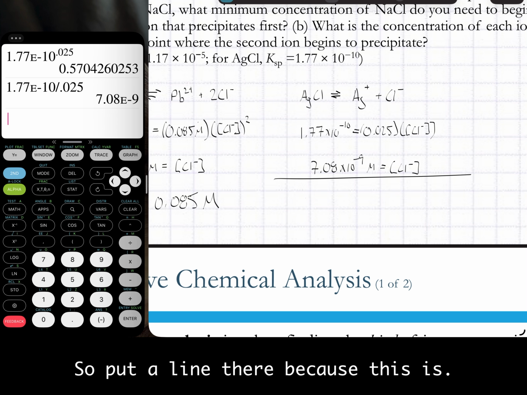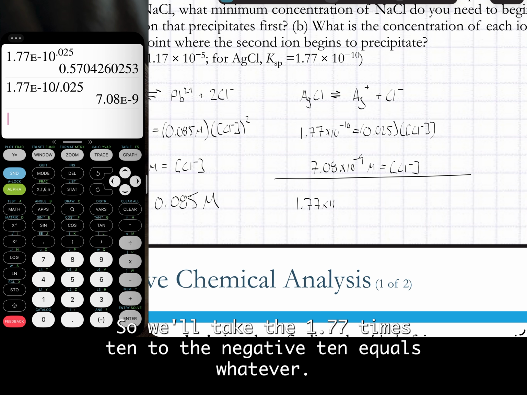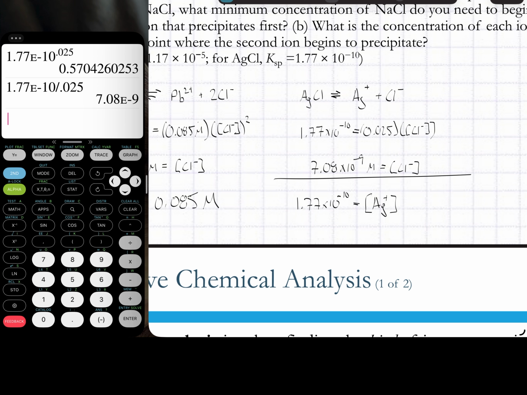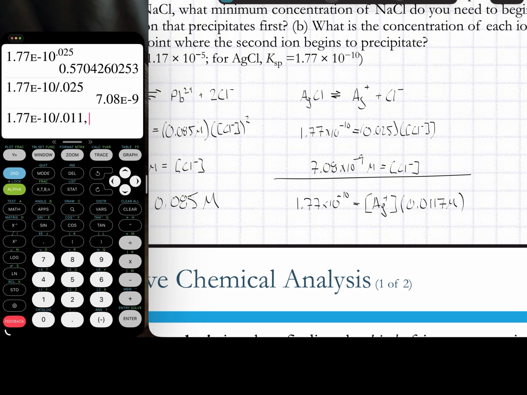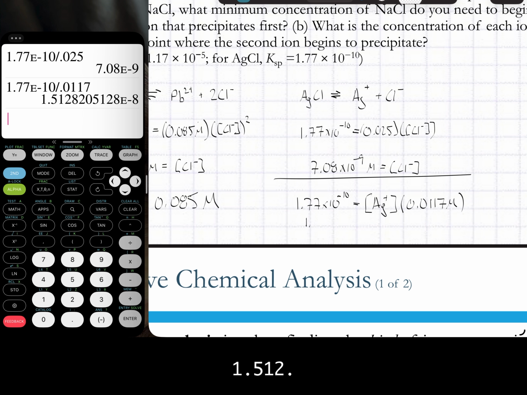So I'll take the 1.77 times 10 to the negative 10 equals whatever my silver concentration is going to be times my chloride concentration. So 1.77 e to the negative 10 divided by 0.0117 gives 1.512.